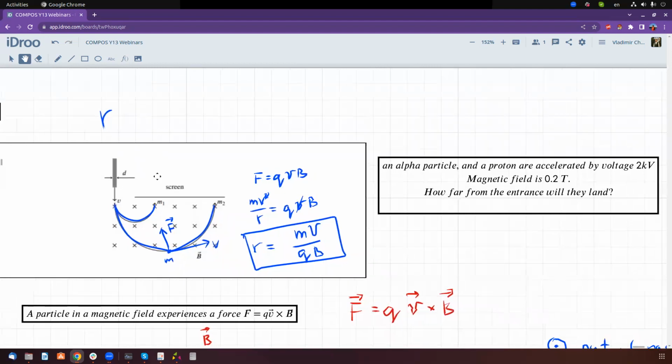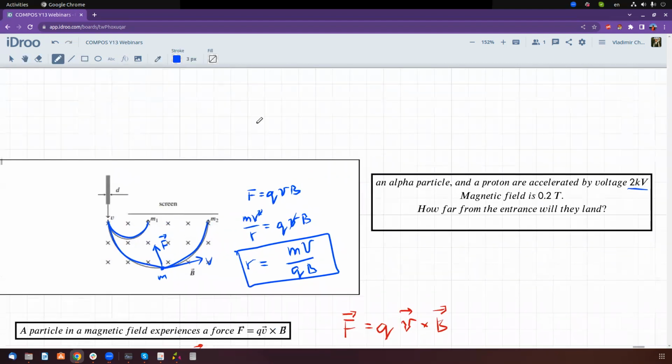Let's work it out. So find the speed of the particles first. They're accelerated by a voltage of 2 kilovolts. So this is the kinetic energy. The kinetic energy is going to be equal to the charge times the voltage, so it's Q times V. So 1/2 mv squared is equal to QV.